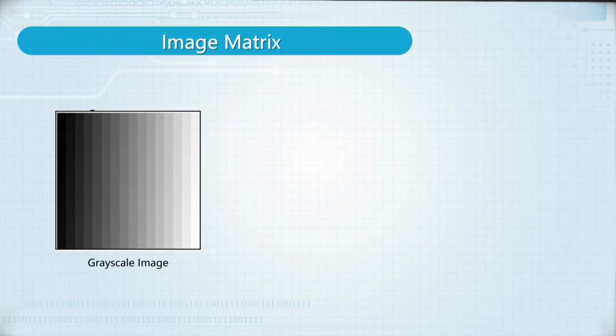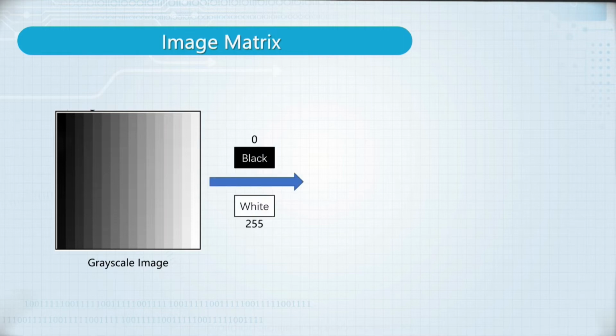A digital image in a computer is represented by a pixel matrix, such as this digital grayscale image. We want to represent it in the computer by a pixel matrix. Each pixel of such an image is represented by one matrix element, an integer.